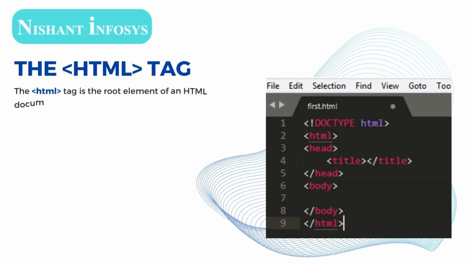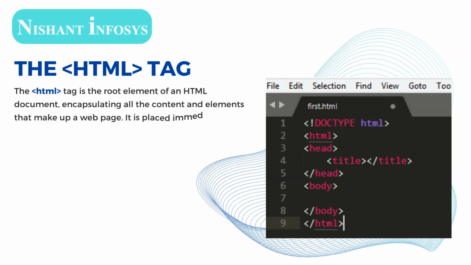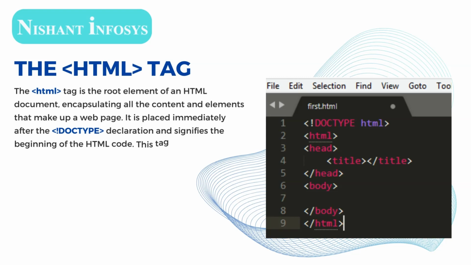The HTML tag is the root element of an HTML document, encapsulating all the content and elements that make up a web page. It is placed immediately after the doctype declaration and signifies the beginning of the HTML code.